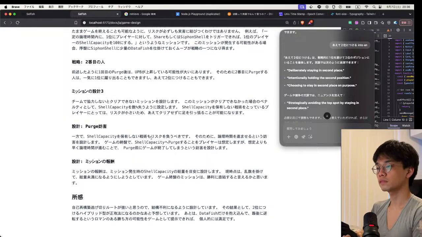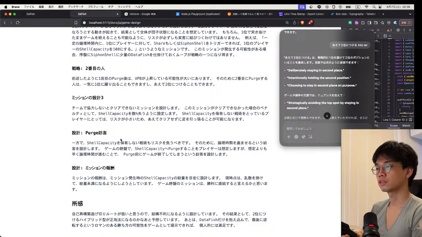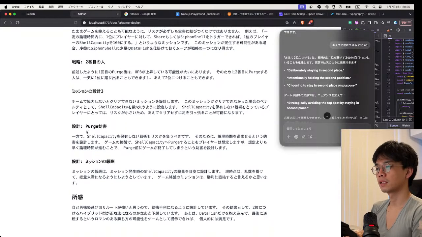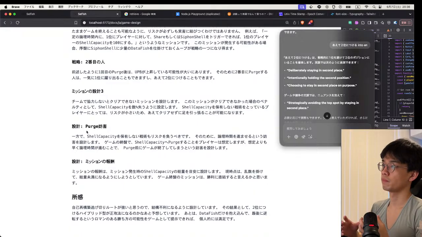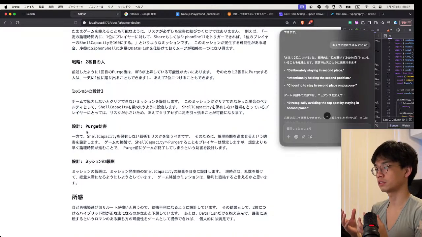Okay. And next, interrupting purge. Until now, I've been talking about the negative part for players who have a lot of shell capacity.